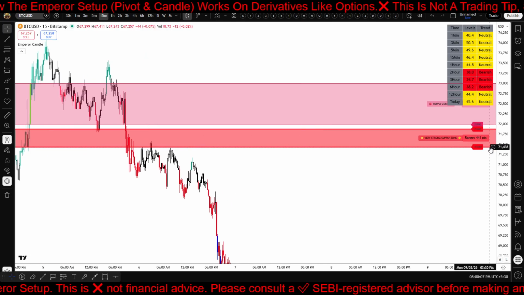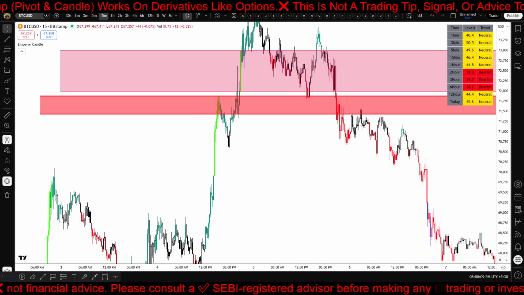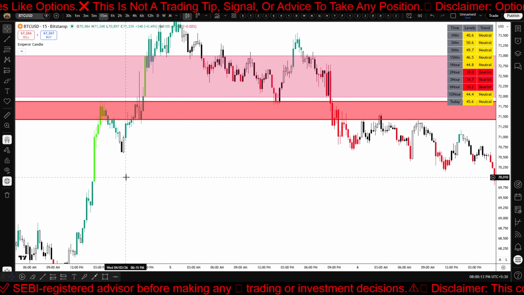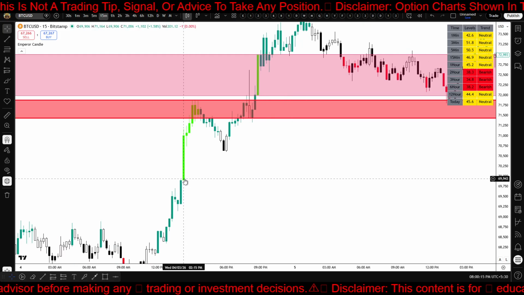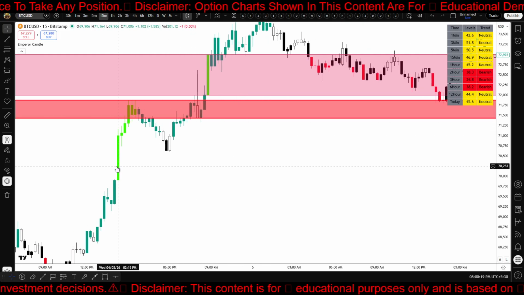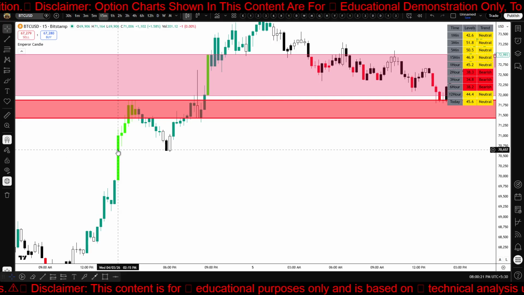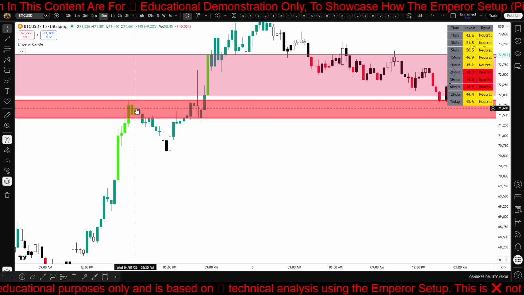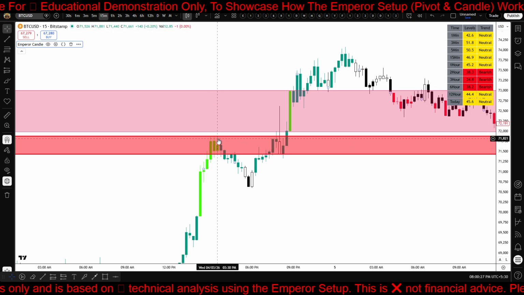And a similar very strong supply zone appears when a series of lime green candles appears. Like you can see, this was the series where extreme bullishness started. So this was our first extreme bullish candle. After that, the market kept going higher and higher, and at last the series ended.